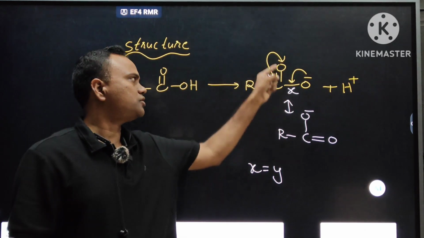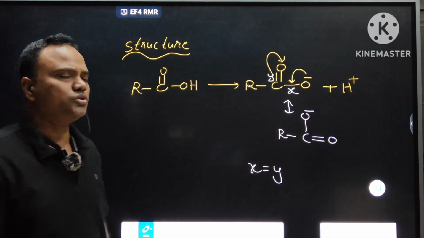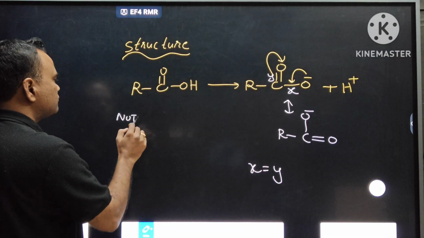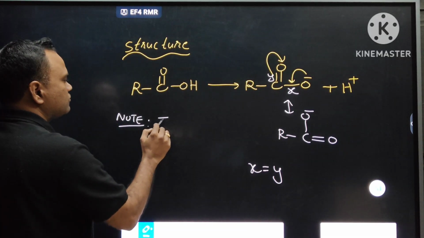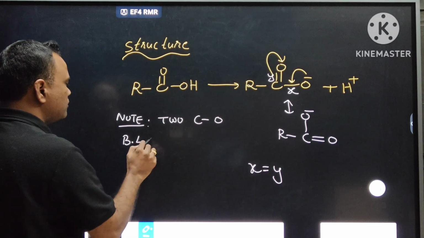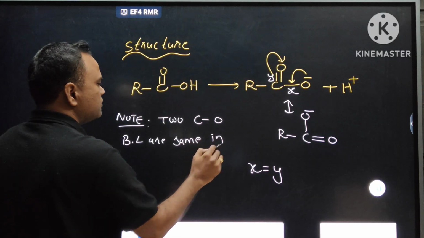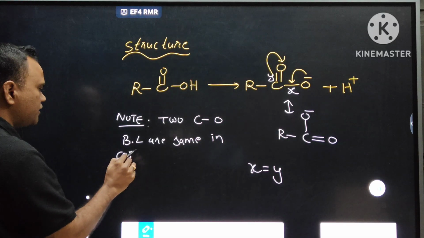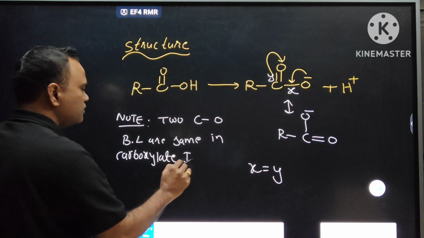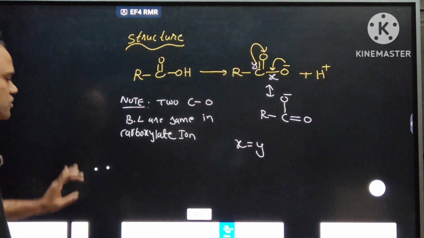This is a carbon oxygen bond, and this is also a carbon oxygen bond. The two carbon oxygen bond lengths are the same in the carboxylate ion due to equivalent resonance. So X is equal to Y.